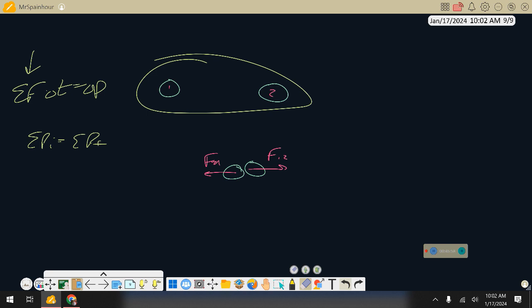Similarly, if Spainhour cut off his arm and tossed it across the front of the room, and you just looked at the leftover bit of Spainhour, not his arm, the arm is causing a force back on Spainhour, so there'd be an impulse that way.